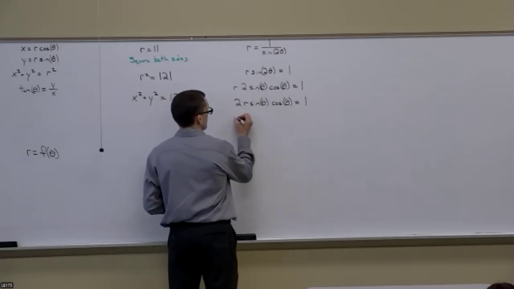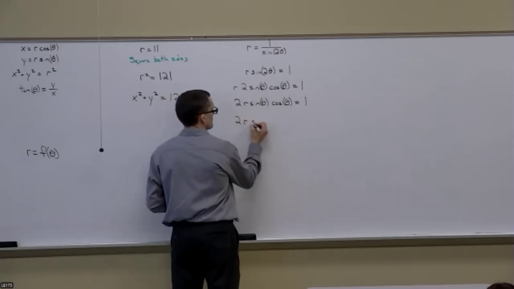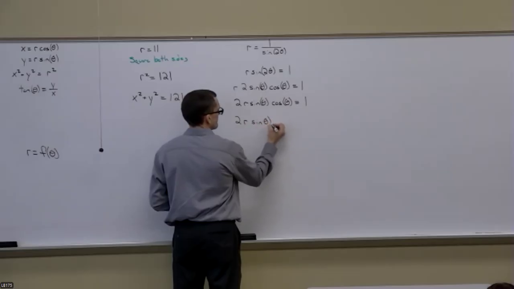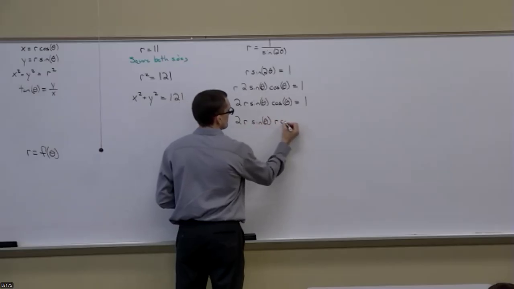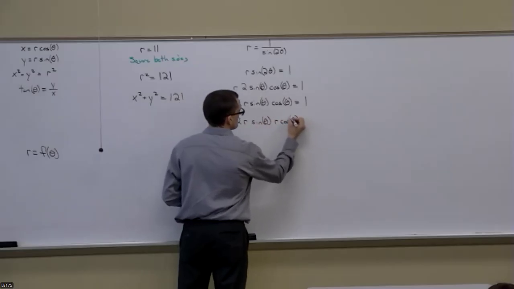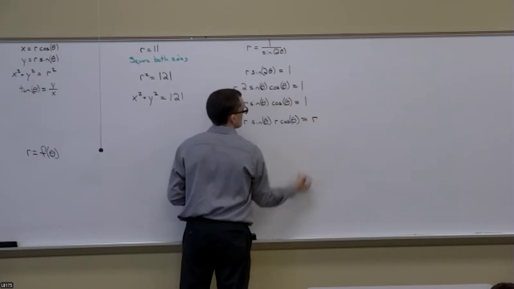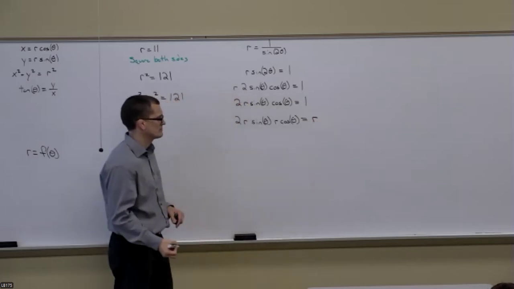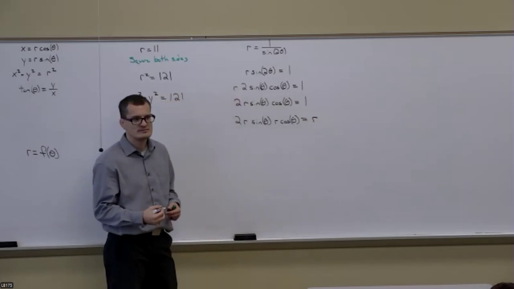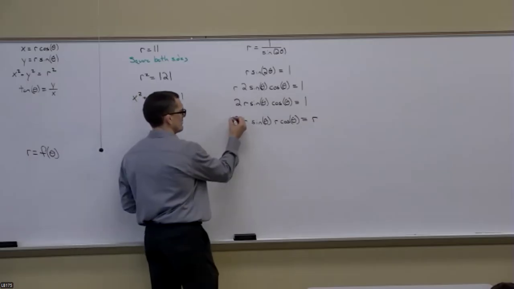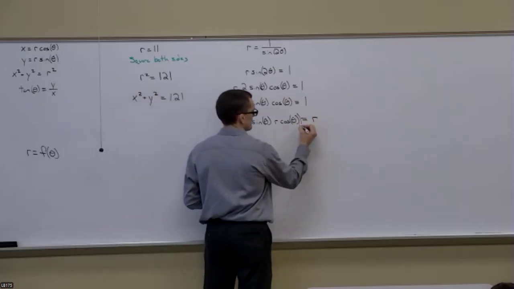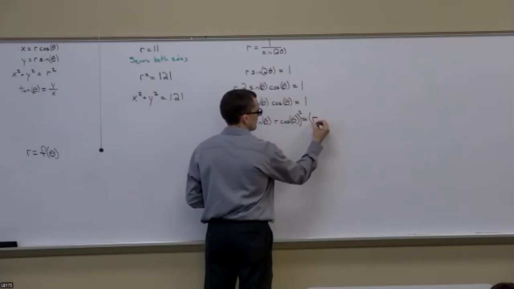I could multiply both sides by r. Then square the left-hand side. Square the right-hand side. Let's put the right-hand side squared.